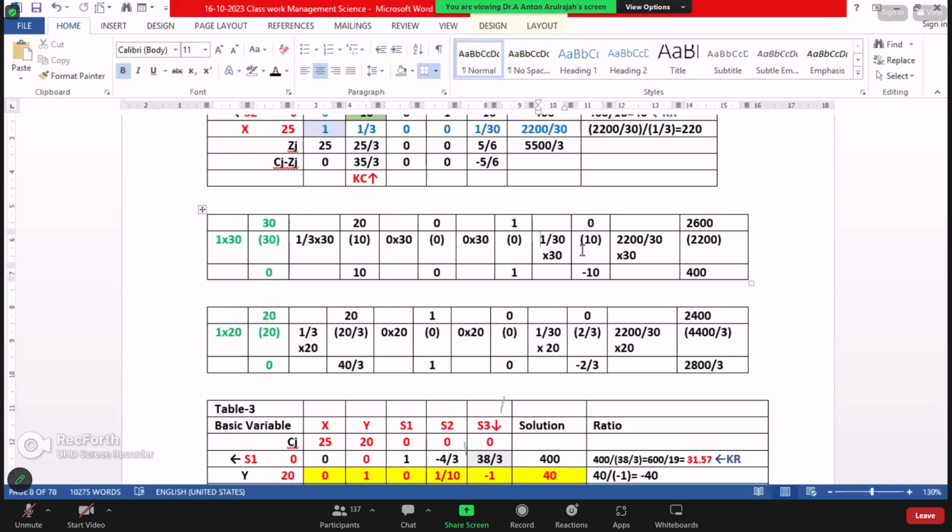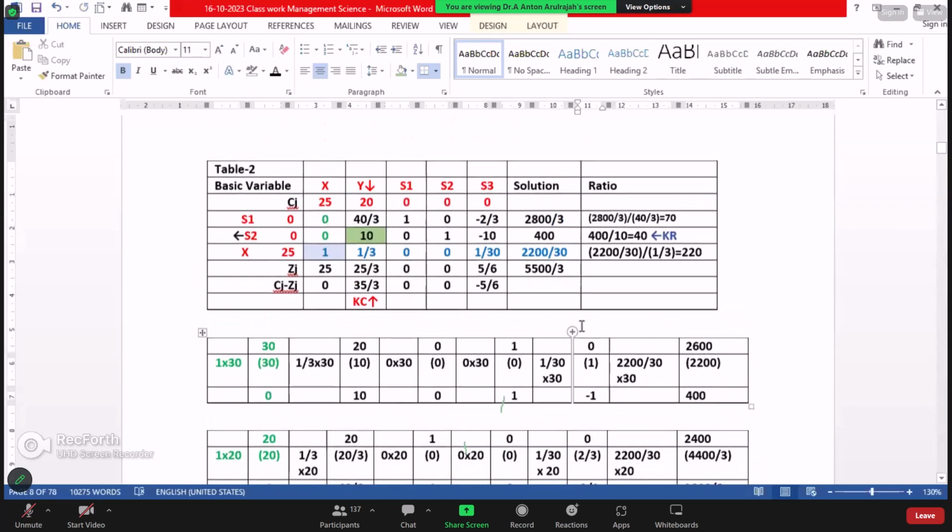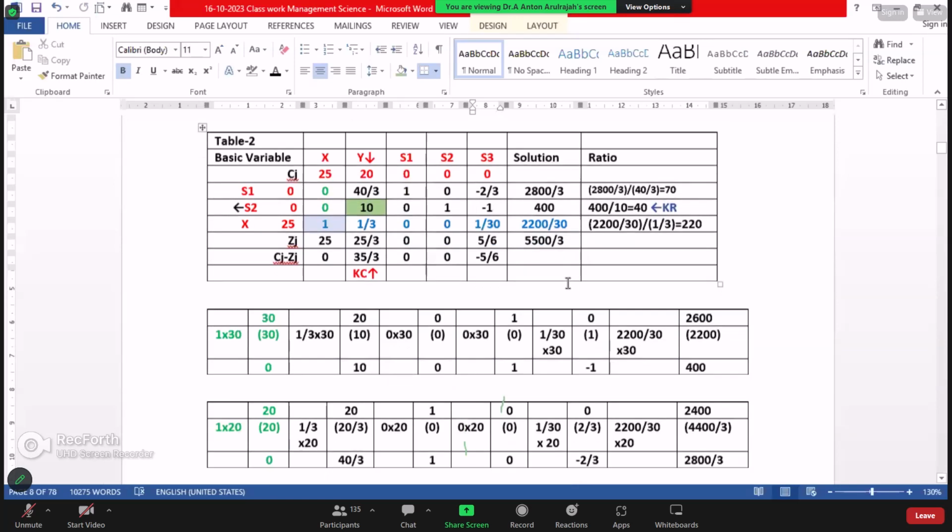This one should be 1. Yes, sir. This is minus 1. See that? Okay, the mistakes we have made. So table number 2, this is 1, minus 1. Other things are correct.